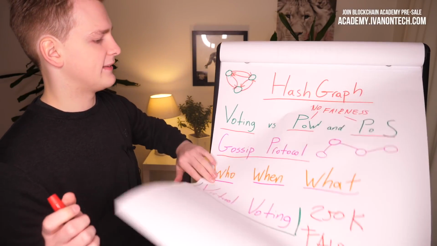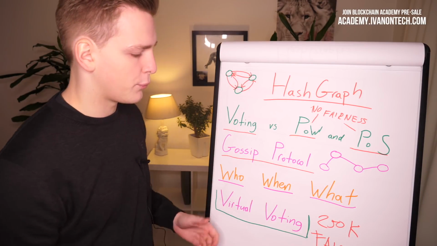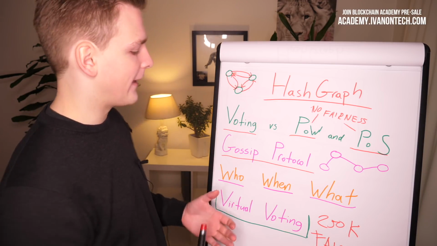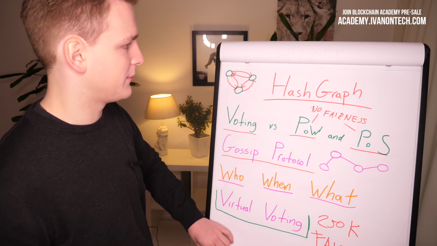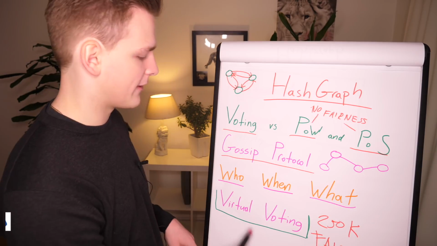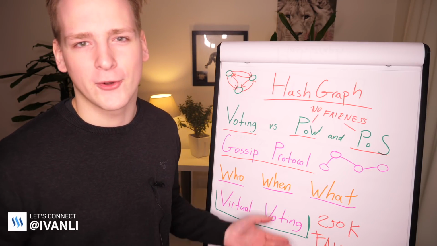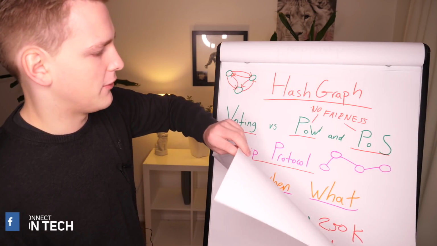I think that they have some good promises here with virtual voting. However, we still have to see this on a public live network, and we still have to follow these developments, and it is way too early to say that HashGraph is going to replace all blockchains, for example, as they claim sometimes. It is still way too early.